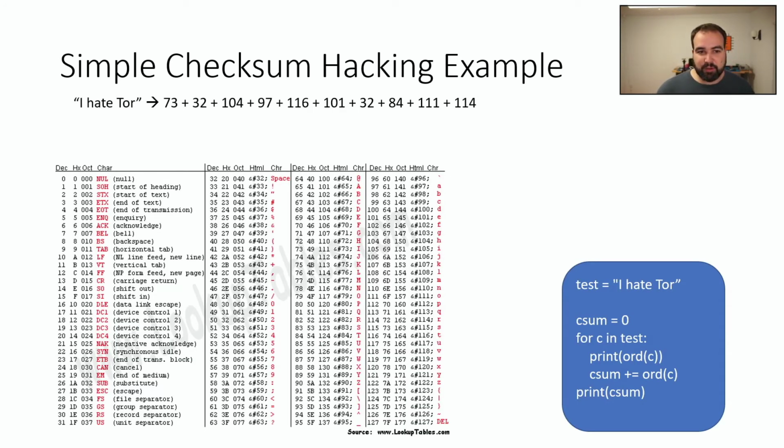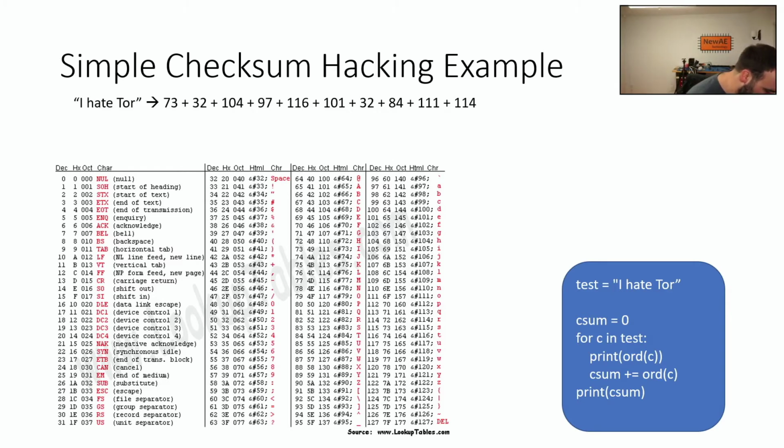As an example, we could say in the file I had this one phrase, "I hate Tor," because I really don't like the Tor browser for whatever reason. I'm trying to tell you about that. If I have that in the file, the checksum is just going to be the addition of the ASCII values of those letters.